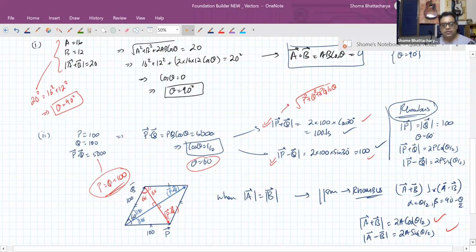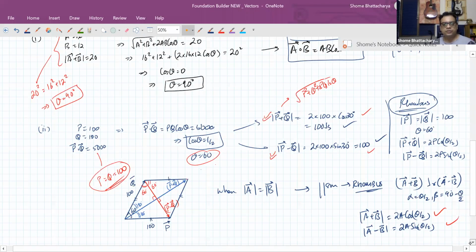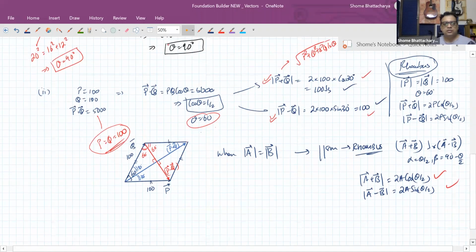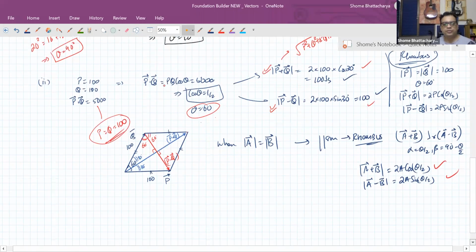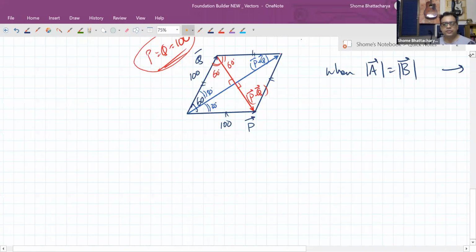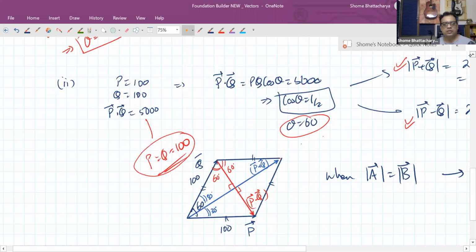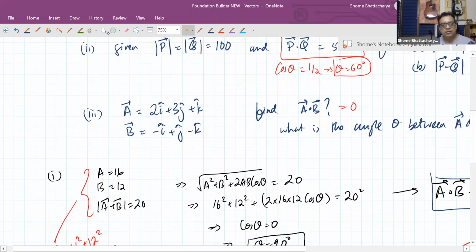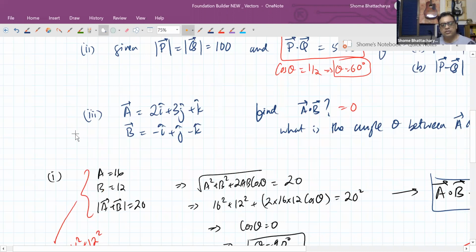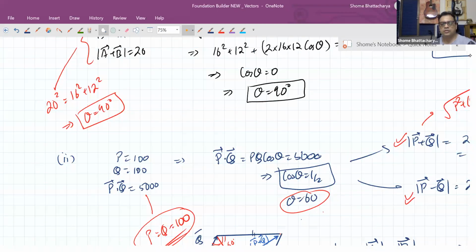Okay. Now let's come to the third part. In the third part, you just have to use the formula of component form of A dot B. Okay, so let me just pull the question first.